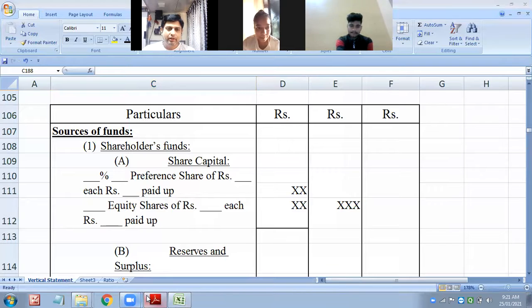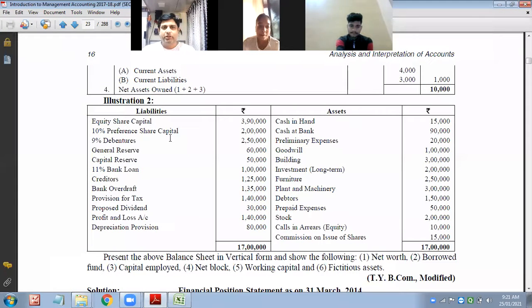Next, we have 10% preference share capital, where will you reflect? Shareholders fund. Absolutely right. Then we have 9% debenture. Borrowed fund, secured. Very correct, Aryan, superb. General reserve, reserve and surplus, shareholders fund.